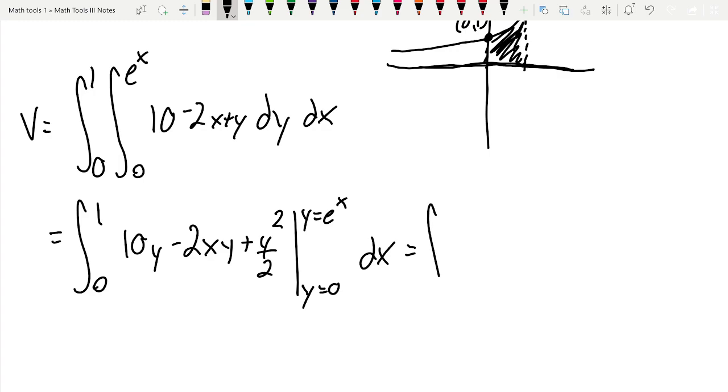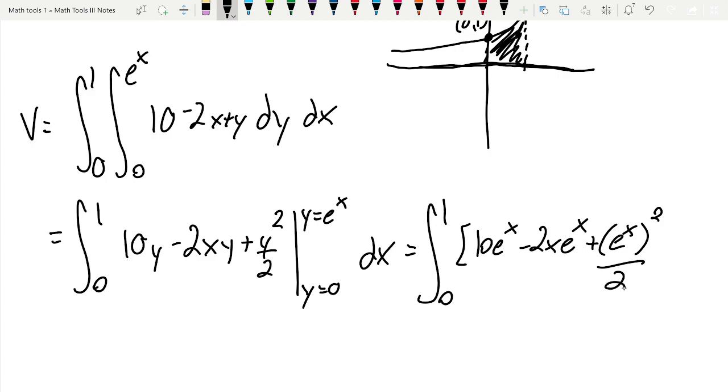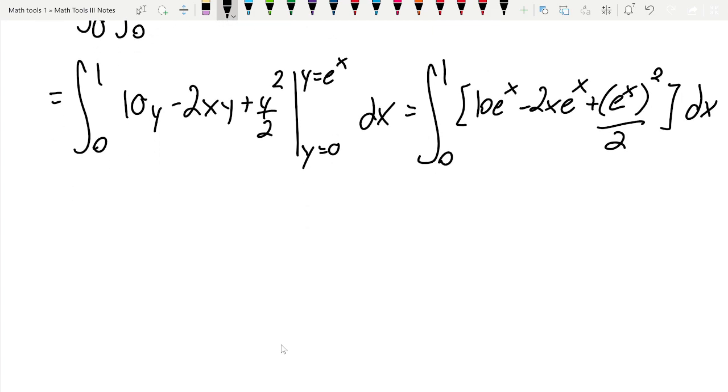Okay, so that's going to be 10 e to the x minus 2x e to the x plus e to the x squared over 2. And then the other part is just going to be 0. So this all looks fine.